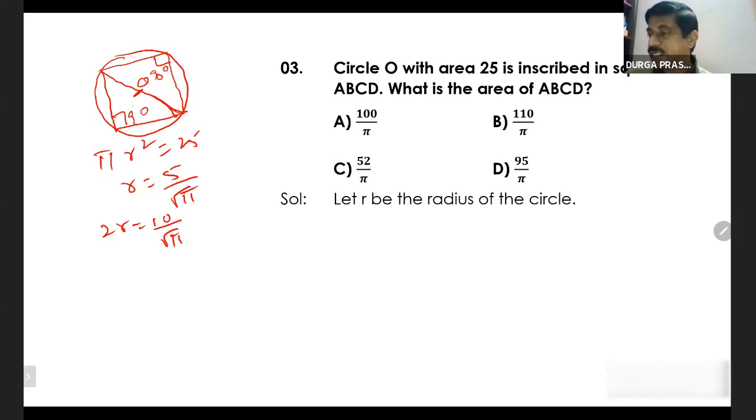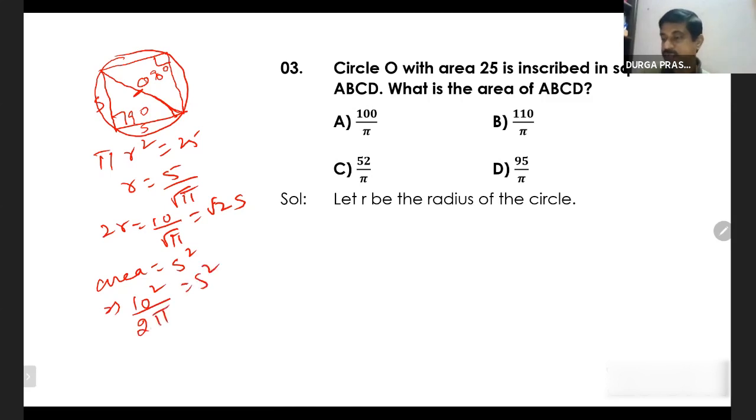So this is diagonal. So side of square, if I call it as s, so diagonal will be root 2 times s. So area is side square. So that is 10 square by 2 is side square.